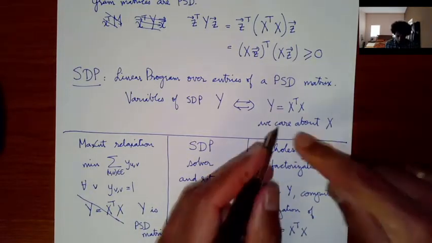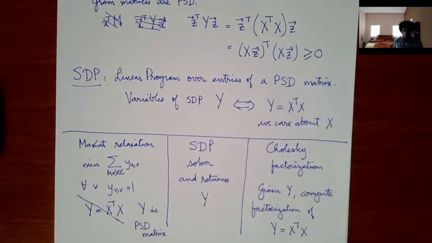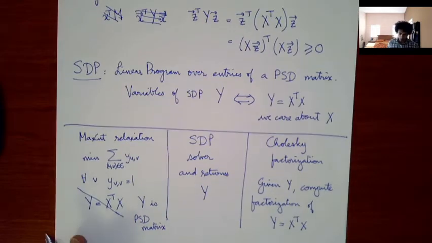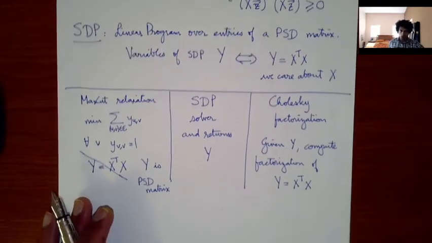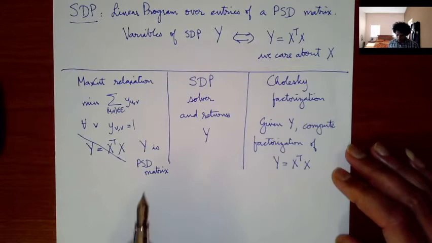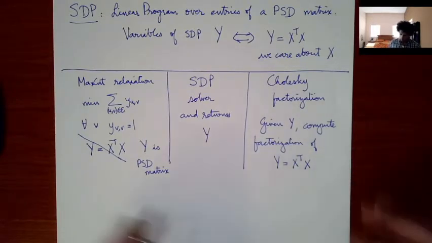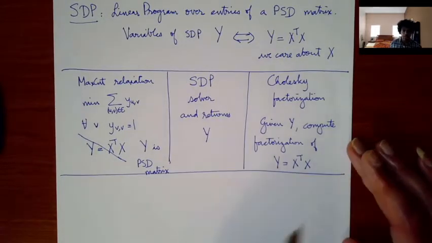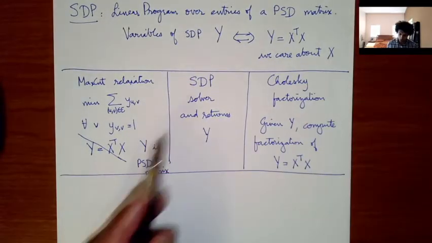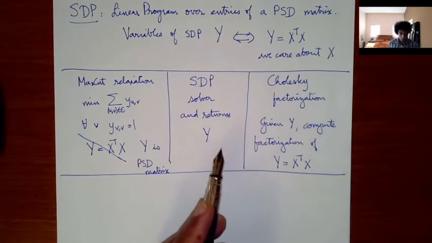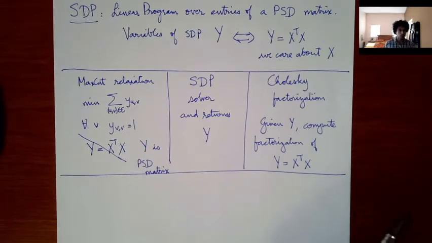So any PSD matrix can actually be factored as a Gram matrix. There is a correspondence between PSD matrices and Gram matrices. So a Cholesky factorization will factor a PSD matrix in this form. And so this would be the pipeline of the algorithm. You start with the relaxation, you give it to an SDP solver, it returns a PSD matrix. The PSD matrix is then factorized to get the vectors.